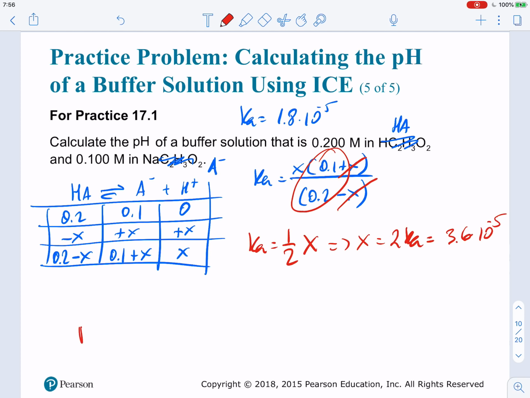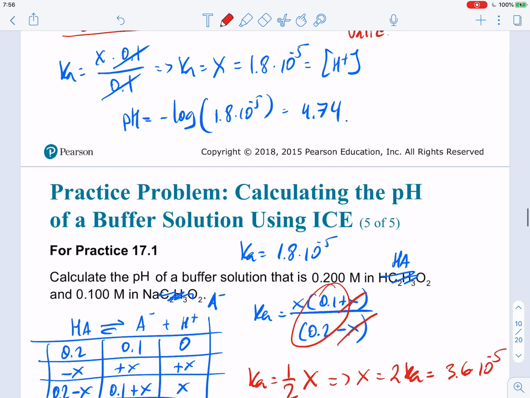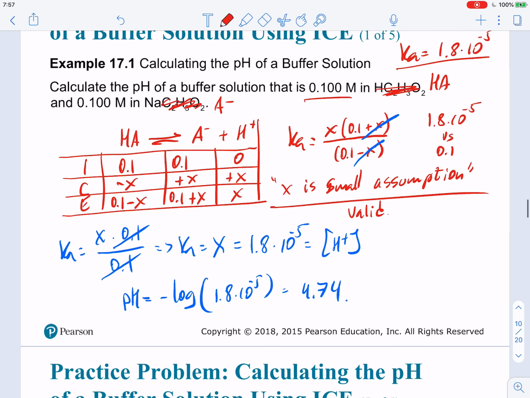So pH now is equal to minus log of that concentration, 3.6 10 to the negative 5, and this is equal to 4.67. Now remember, in the previous case, we had equal concentrations of the acid and the conjugate base, and the pH was 4.74.